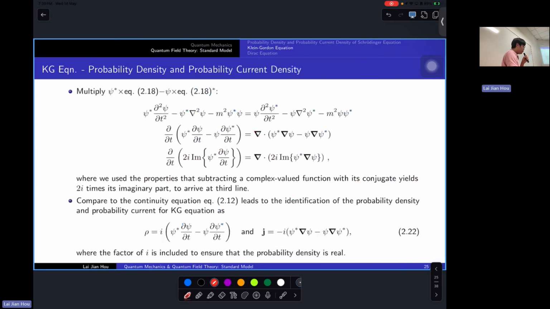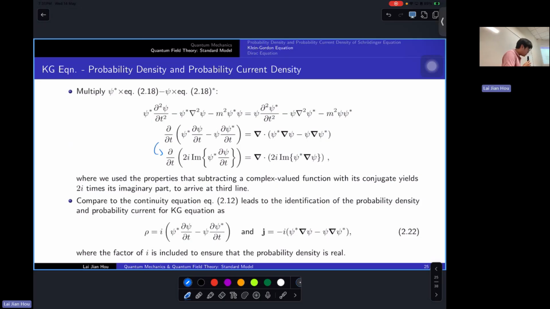For the quadratic equation, we want to find the probability density and probability current density. And again, we follow the same procedure as in finding the Schrodinger equation. So we multiply psi star with equation 2.18, subtract psi multiplied with the complex conjugate of equation 2.18, and we express this form.